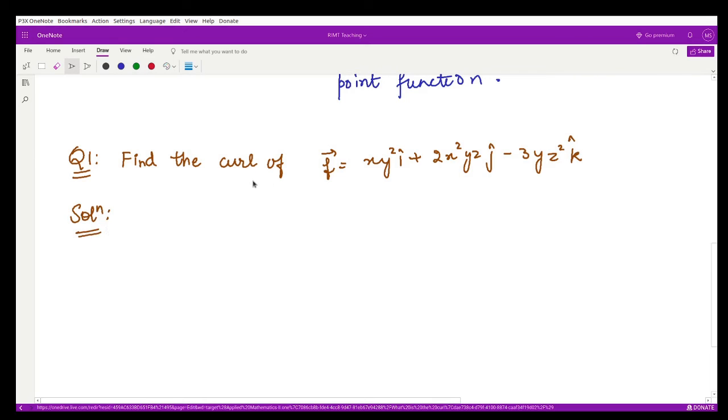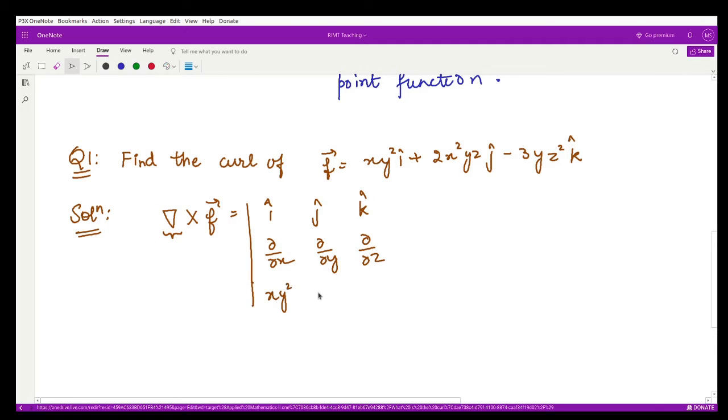In order to perform the curl of this vector, you have to calculate del cross vector f. So this is basically i cap, j cap, k cap, then the quantities for the operator del, that would be del by del x, del by del y, del by del z, and then the quantities for the vector f, that are x y square, 2x square yz, and minus 3yz square. So you have to compute this determinant.